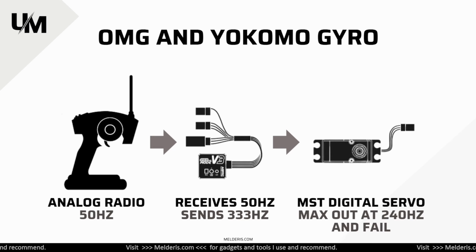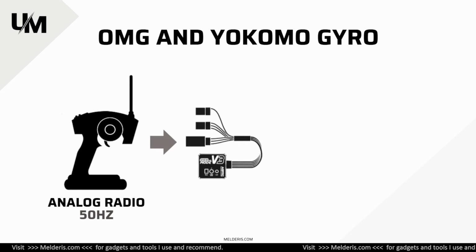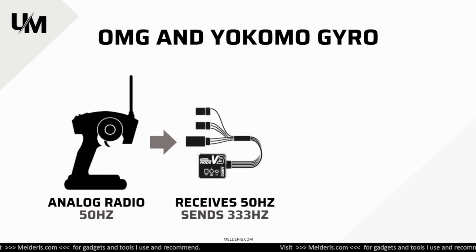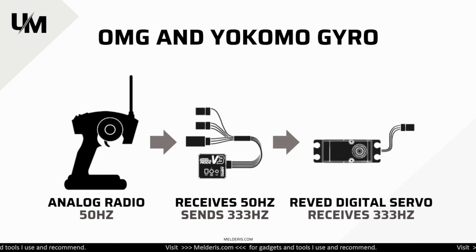Okay, now let's take a look at another example. The OMG and Yokomo gyro, with an analog radio system pushing of course 50 Hz to my gyro, receiving it and sending out again a digital signal, which is 333 Hz. Now if I use a servo, which is for example the RFD RSST digital servo, that will now be receiving 333 Hz.